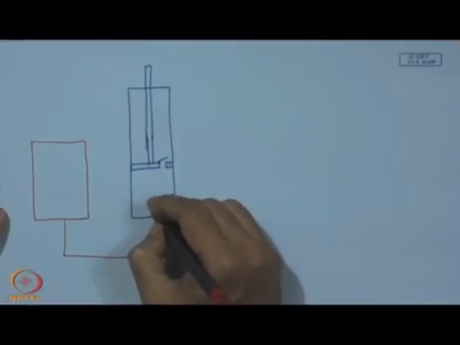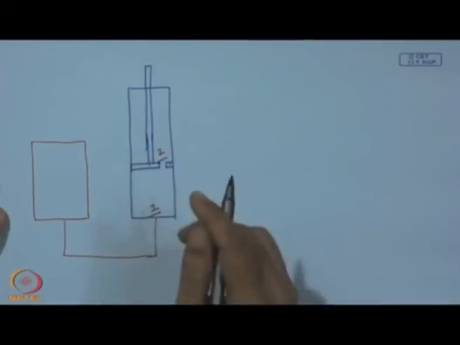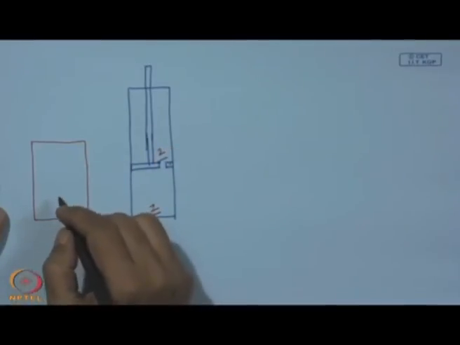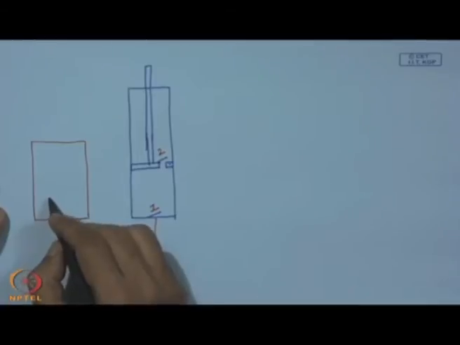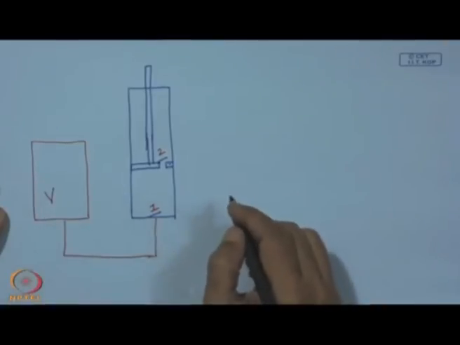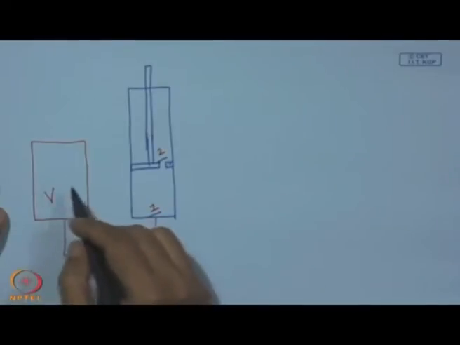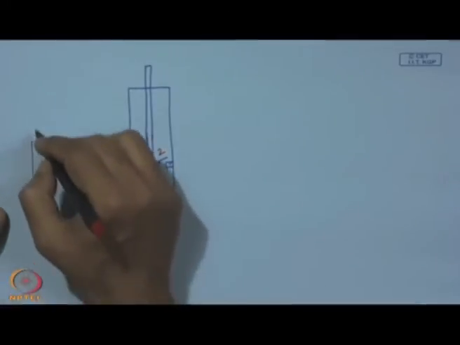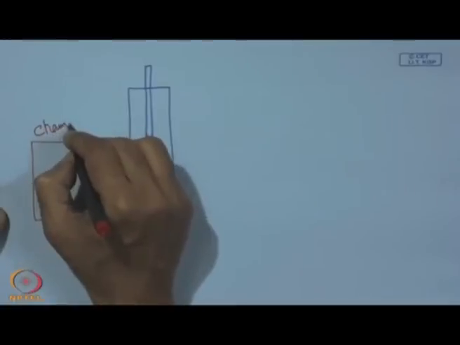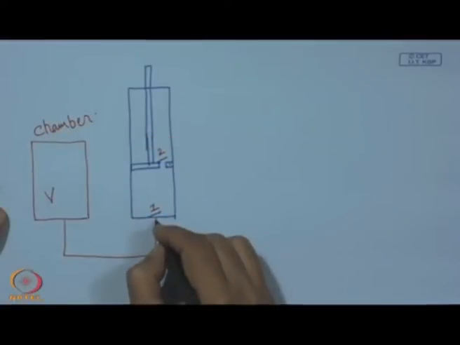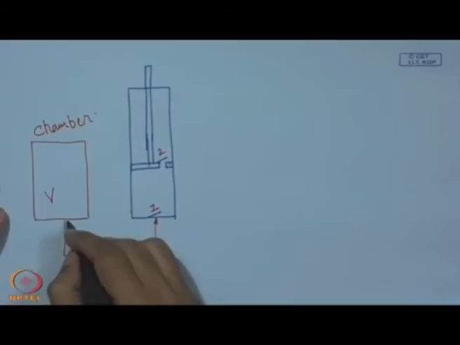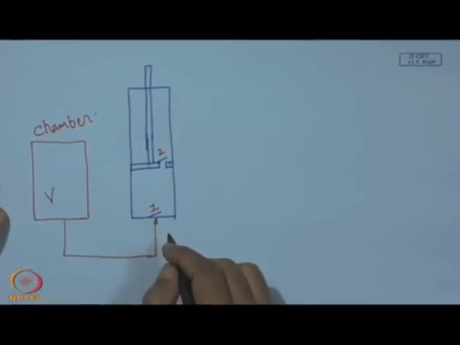So this is valve 1 and this is valve 2. This is the volume to be evacuated, say this is capital V, meaning the volume from this chamber up to this point. This is the tubing for connecting to the pump.